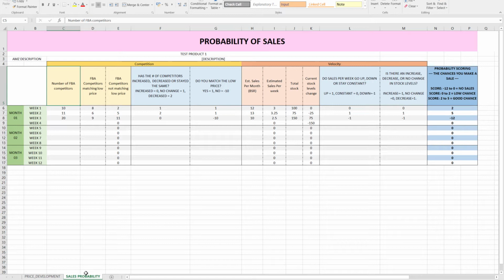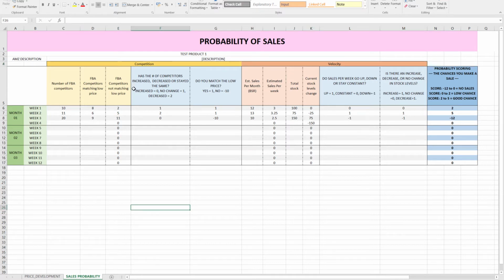Now, the reason why I've separated this from price development is because it has a whole different metric. It's a different kind of animal. I've split it up in two main sections: competition and velocity, or sales velocity.